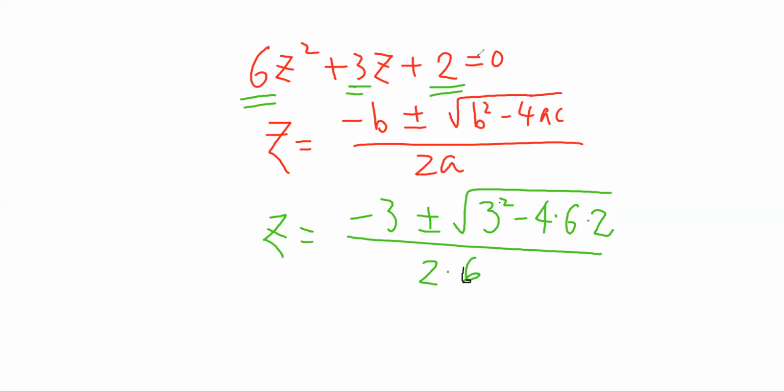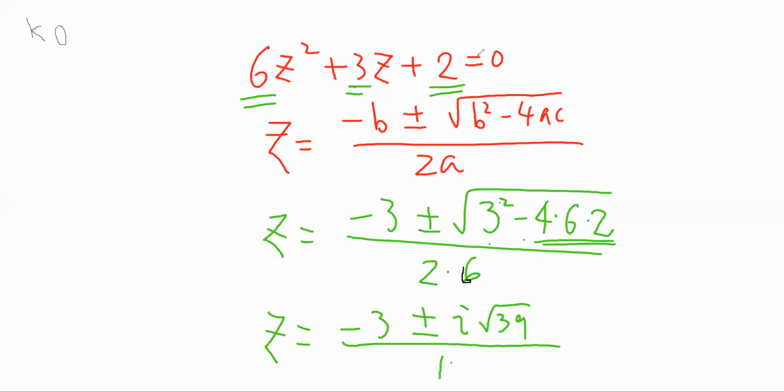All right, so 9 minus something, a big number, 48. So negative 39 actually, right? So negative 39 became i square root 39, right? Over 12.